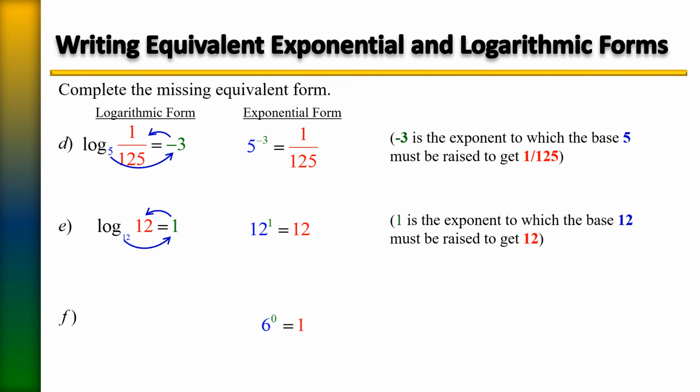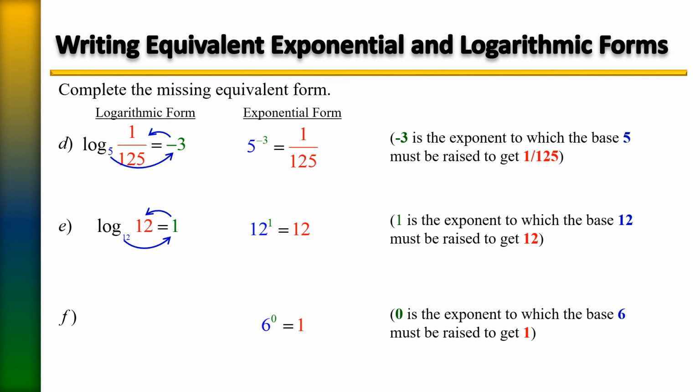Last example, we're given the expression in exponential form: 6 raised to the 0 power equals 1. We know that any number to the 0 power equals 1. And so here 0 is the exponent to which I raise the base 6 in order to get 1.